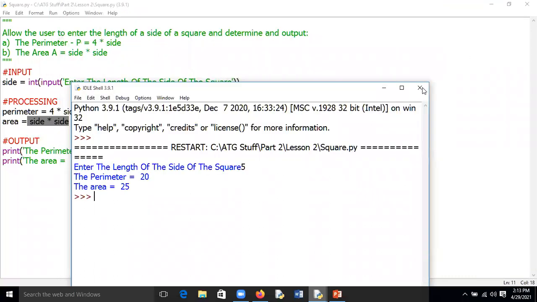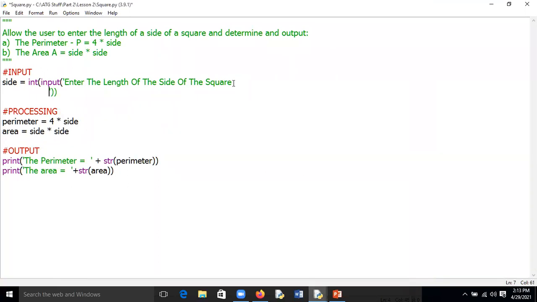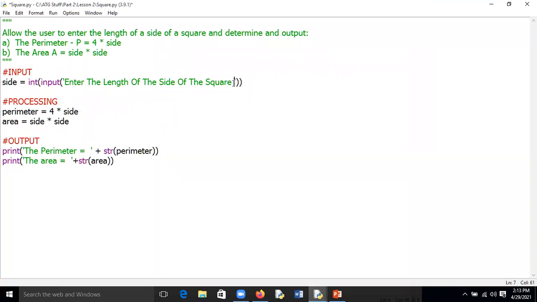So what we're going to do is come here and say, in either centimeters or meters or whatever it is, right? So let's assume we'll say enter the side of the square in centimeters.